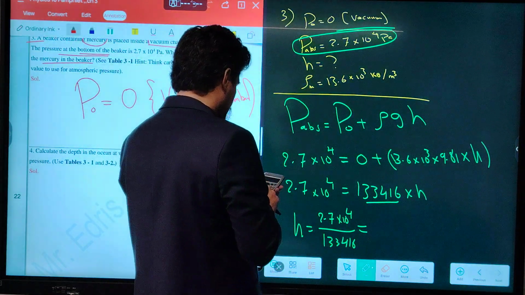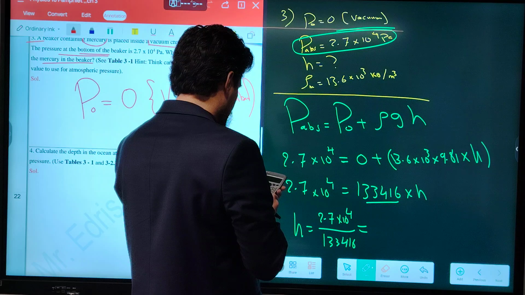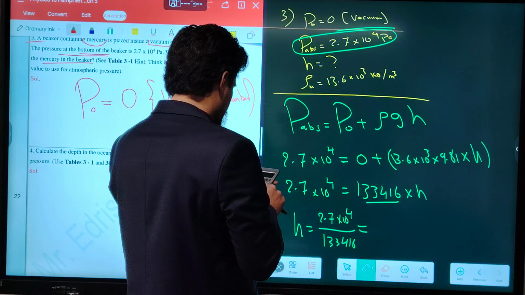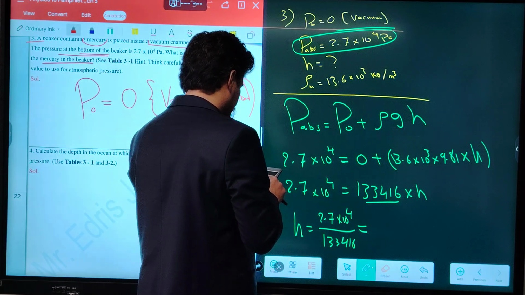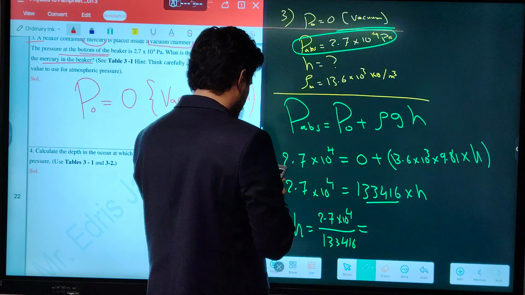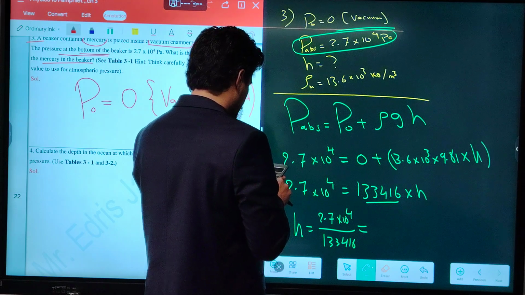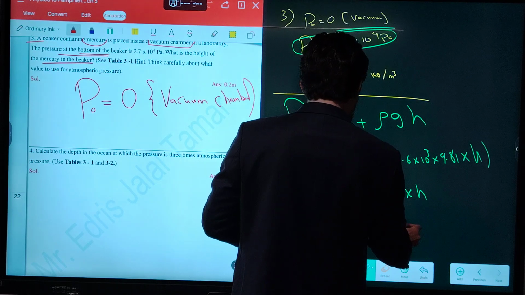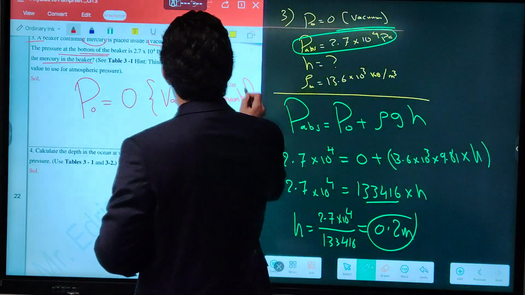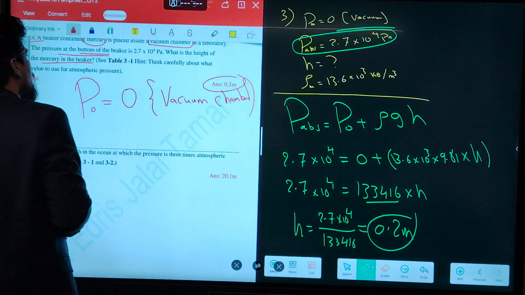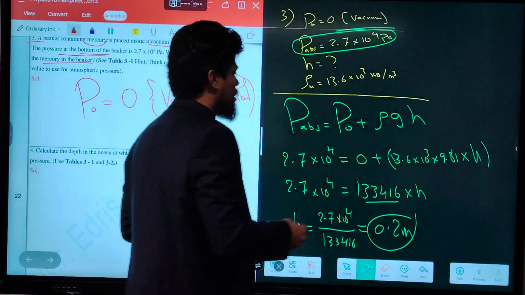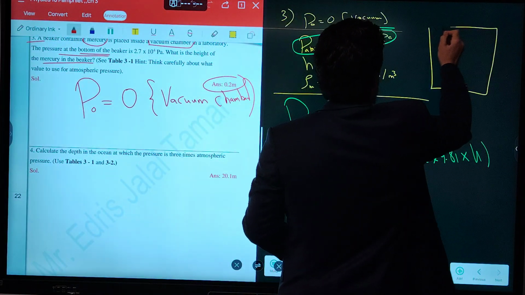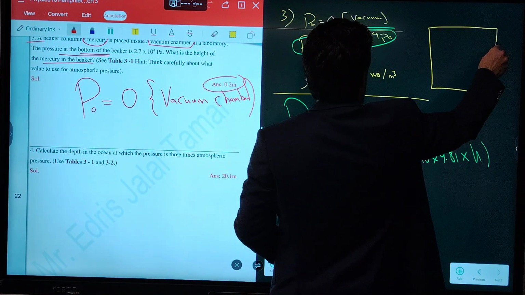Height is equal to 2,700 divided by 133,416. I got 0.2 meter. So the height of this chamber, this tube or this beaker is 0.2 meter.